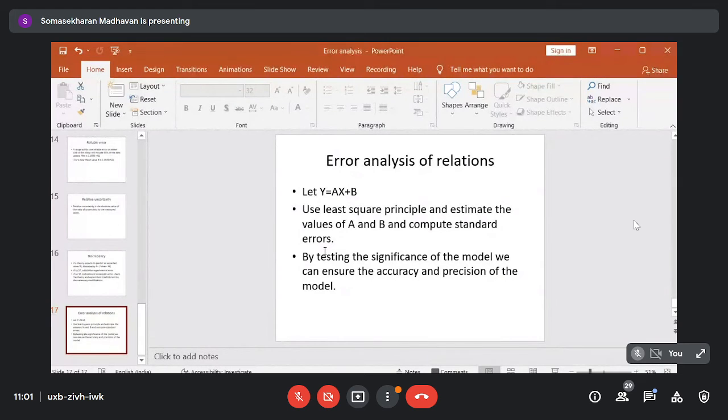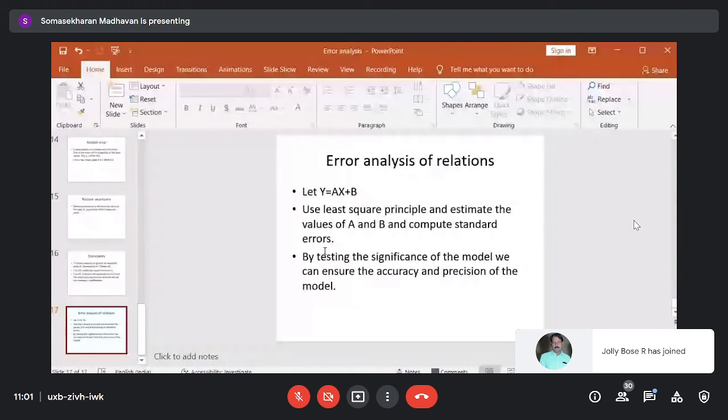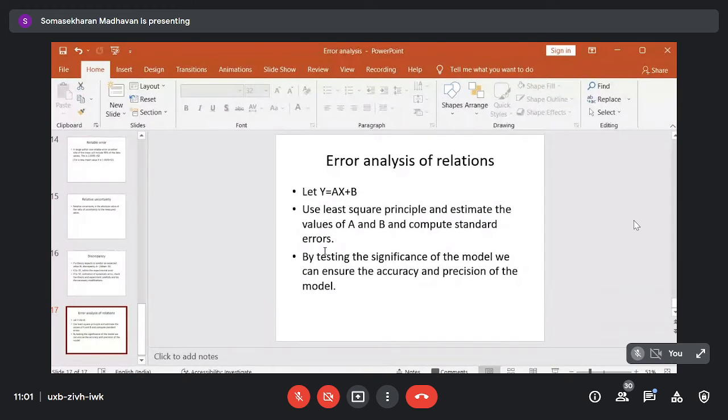Now, the higher level error analysis is not only regarding the measurement of values. We can do the error analysis for relationships also. Okay. For example, suppose there are two variables x and y, and there is an established relationship between x and y, and we can prove it experimentally.